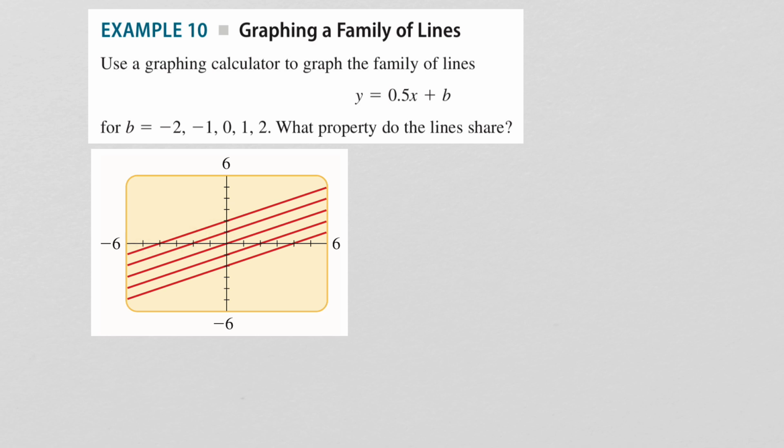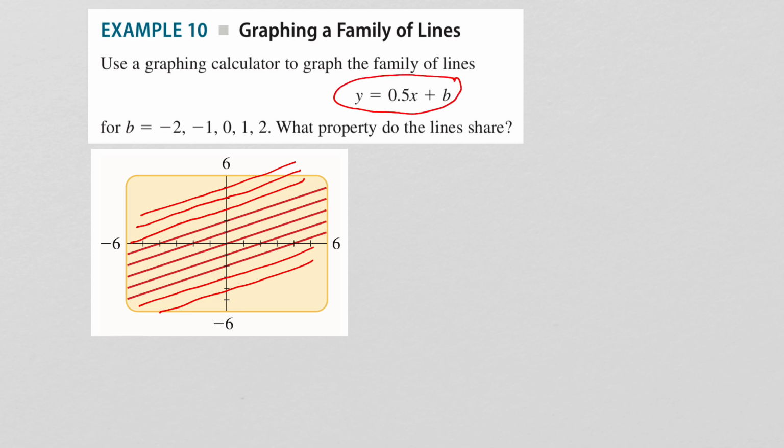Because all of these lines are going to have the same slope, but they're going to touch the y-axis at different points. And so this is what a few members of that family would look like. Now, of course, there are many, many more members, so I can keep on drawing additional members to this family by just choosing different values for b, okay? But you can think of this theoretically as just a family of lines that are all parallel to each other because they have the same slope.